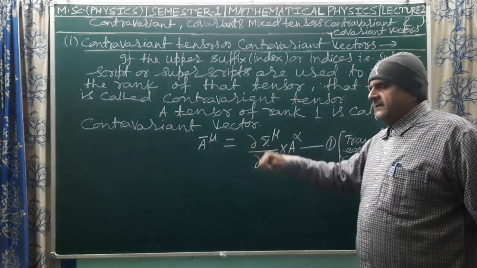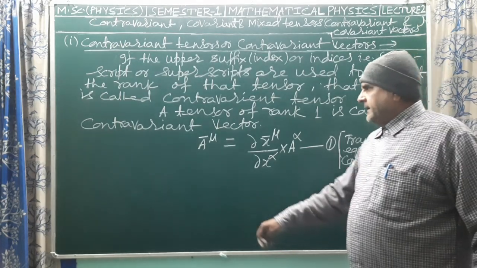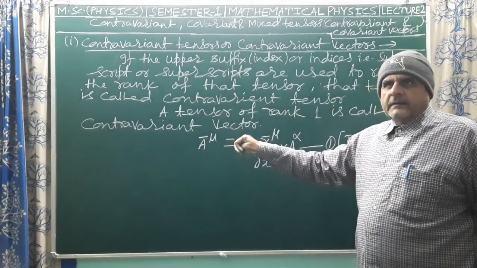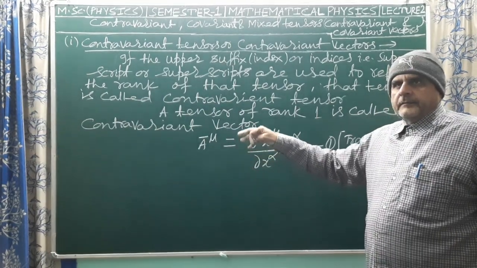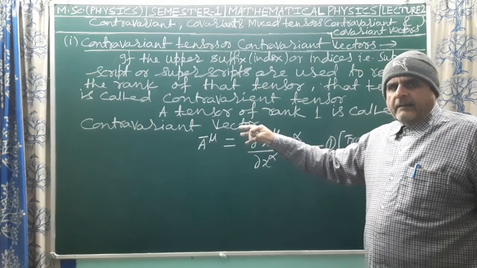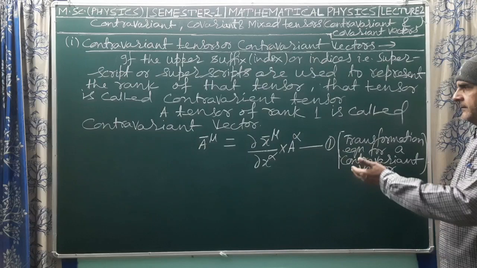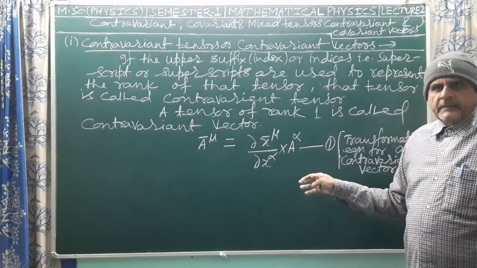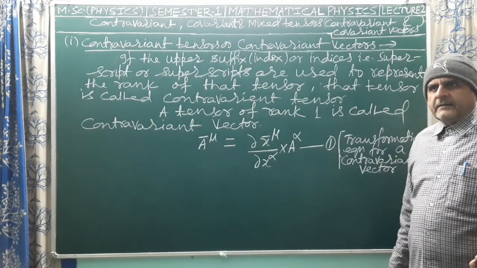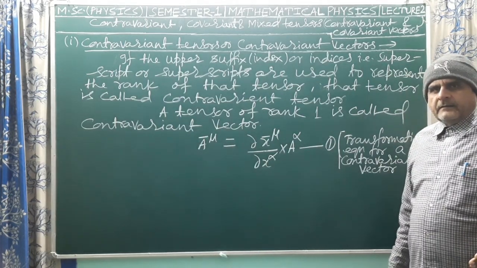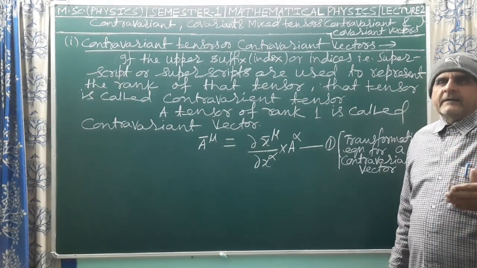If these quantities obey the transformation like this, then the components of this tensor are called a contravariant tensor of rank 1 or contravariant vector.